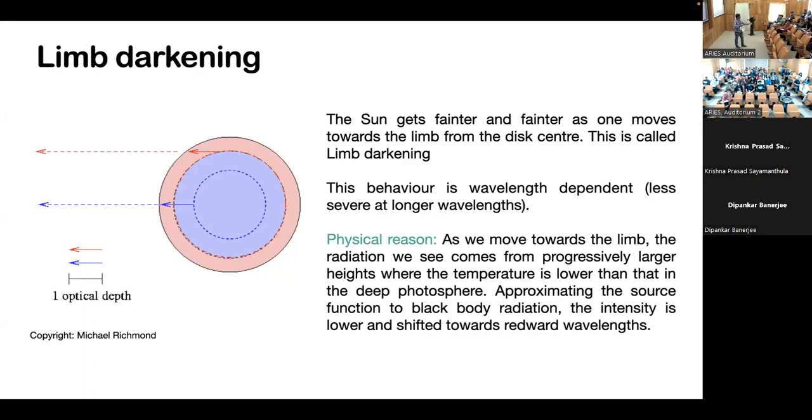Because the temperature decreases, you are seeing a higher layer, and the intensity also decreases because of the Stefan-Boltzmann law, right? The intensity is proportional to temperature to the power 4. So there is a strong dependence there. That's why you see this limb darkening effect so strongly. This is in fact an important effect because I will get back to that in the coming slides.